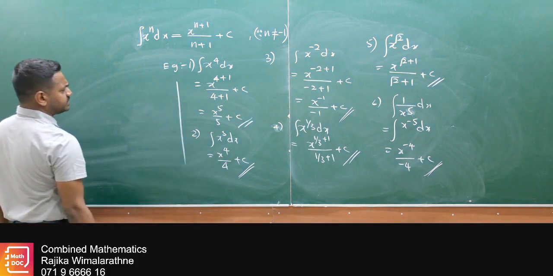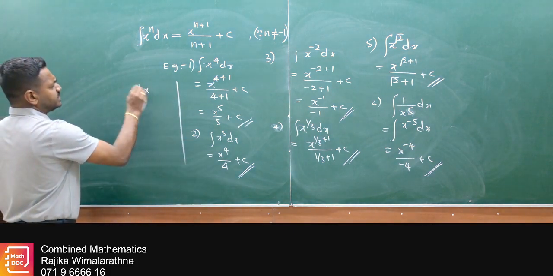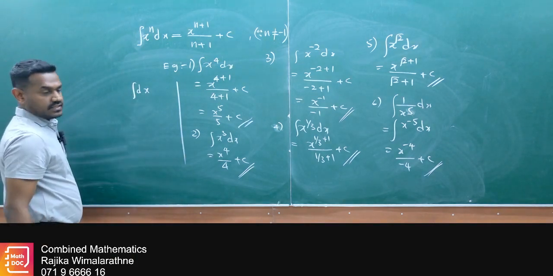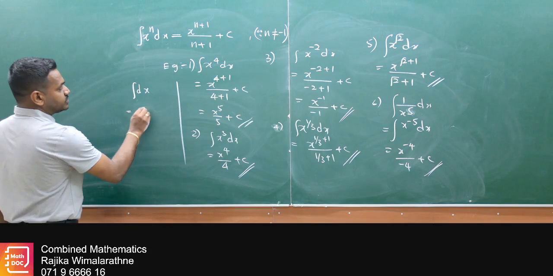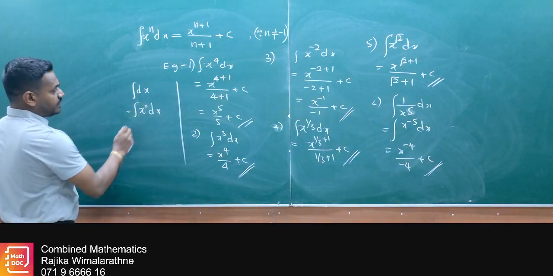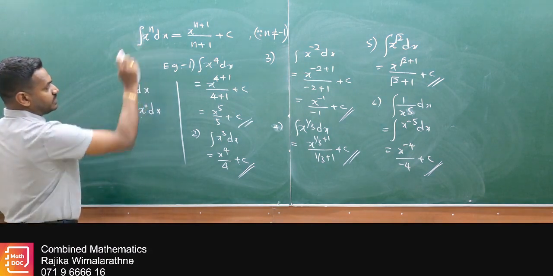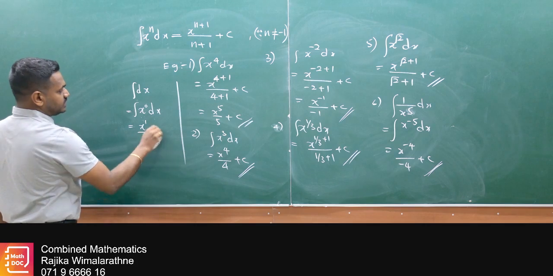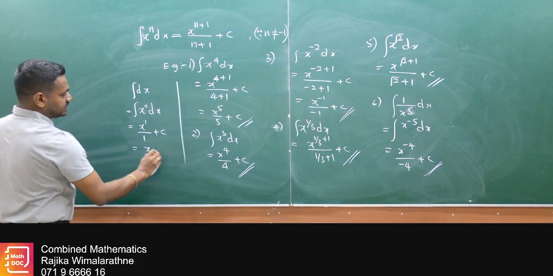Now this is special. If you have just dx, that means x to the power 0 dx. Then x to the power 0, like x to the power n, gives x to the power 0 plus 1 over 0 plus 1 plus c. That is x plus c.